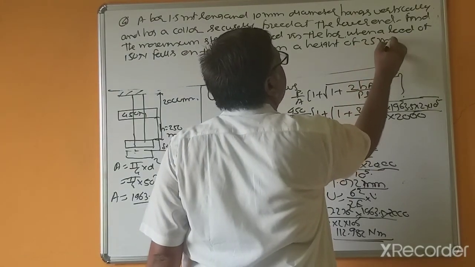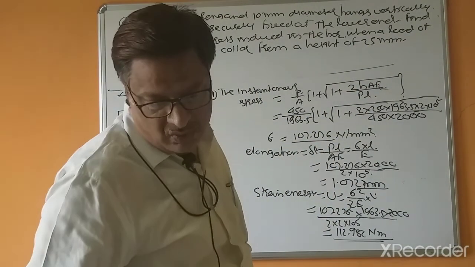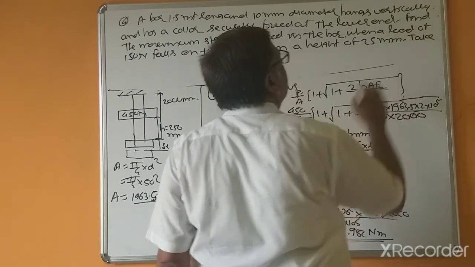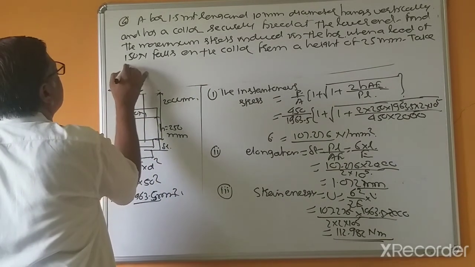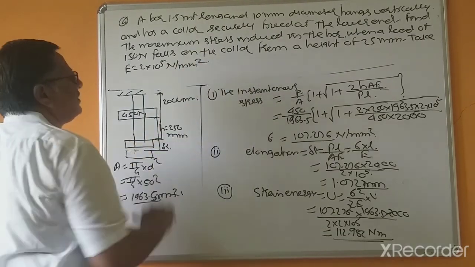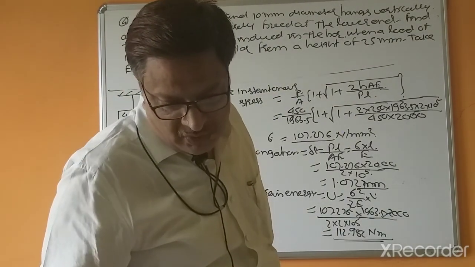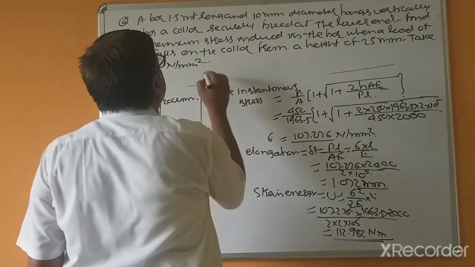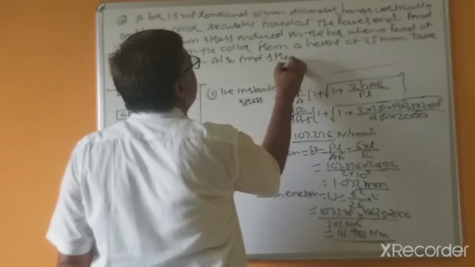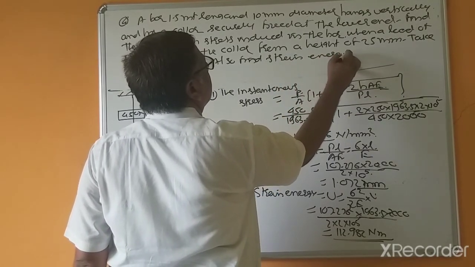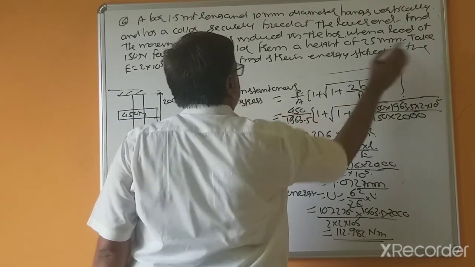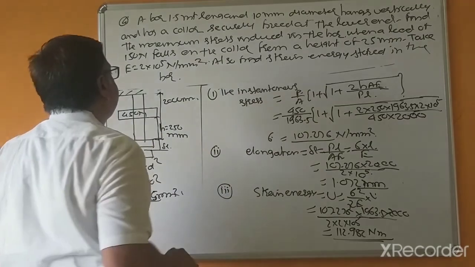So in this case height is less. Take E equal to 2 into 10 to the power 5 Newton per mm squares, and also find strain energy stored in the bar.